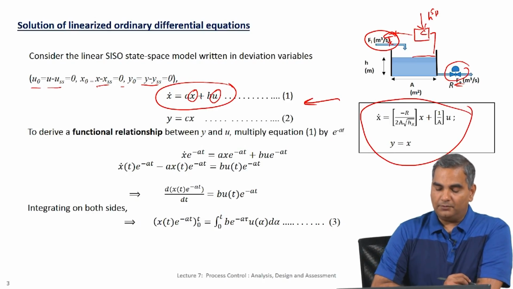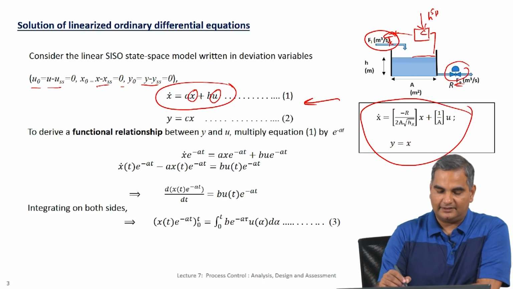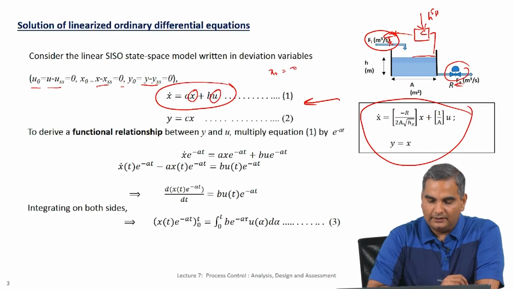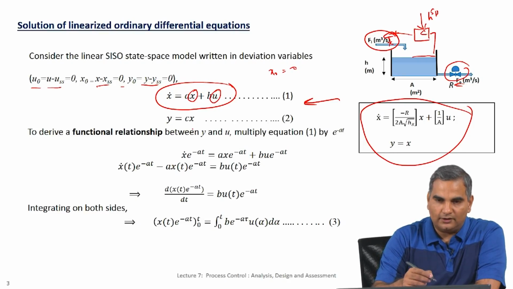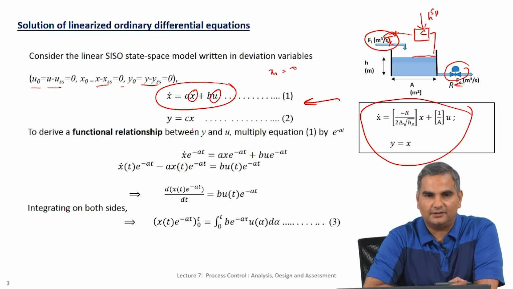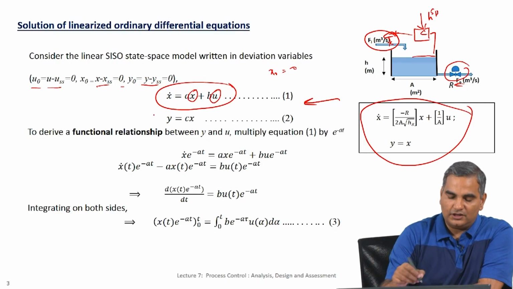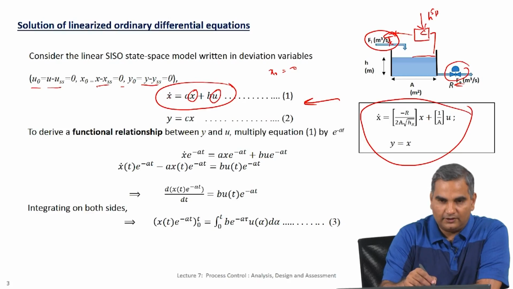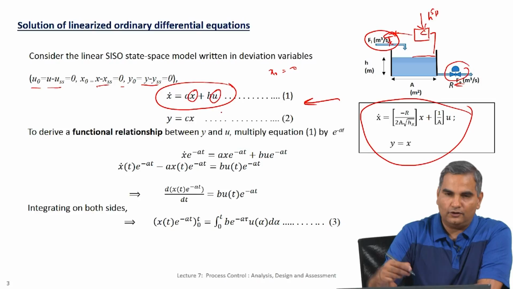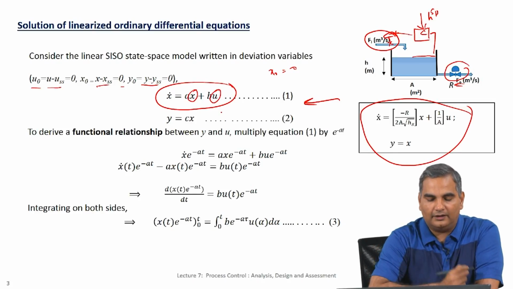If you start this system at some initial state, let us say x naught, in this case 0, then if there is no change in u, there is not going to be any x dot. If u stays 0, x dot is 0, that means I am at steady state. My process starts moving away from steady state if I make a change to my u, in which case x will change because there is a rate of x, and the minute x changes, this term also comes into the picture, and then you have the rate of change of x as a function of both its current value and the value of the input.